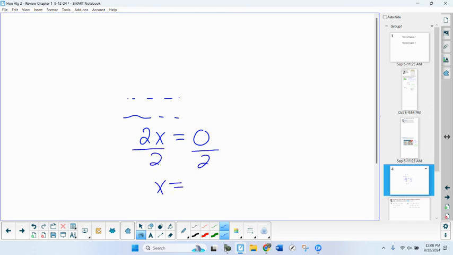What does x equal? 0 divided by 2 is 0. Your variables did not cancel there. So that is not a no solution problem. So be careful on the test on Monday. 0 divided by anything is a number. It's 0. That happens on one of the versions. Okay? All right, any other questions?